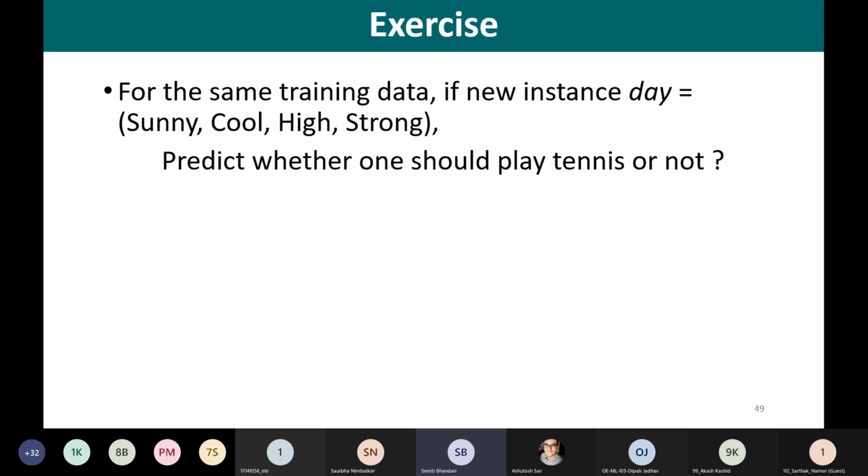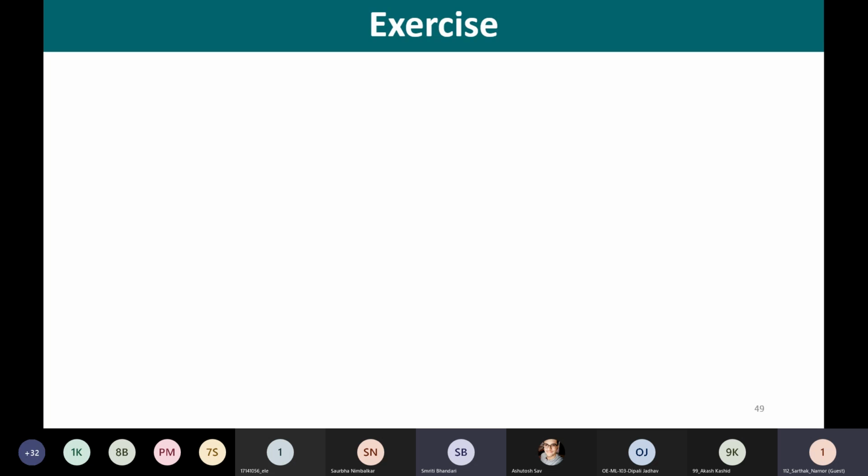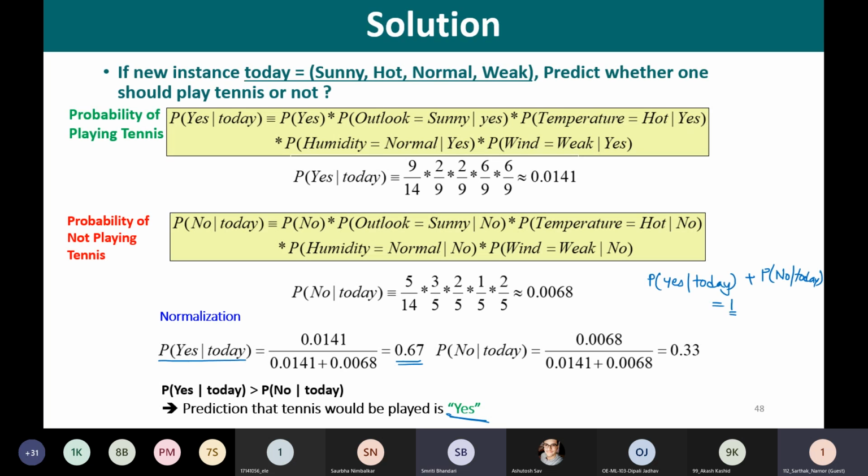For the same training data, if the weather conditions for the day are outlook equal to sunny, temperature is cool, humidity is high and wind is strong, predict whether one should play tennis or not. Please try this.